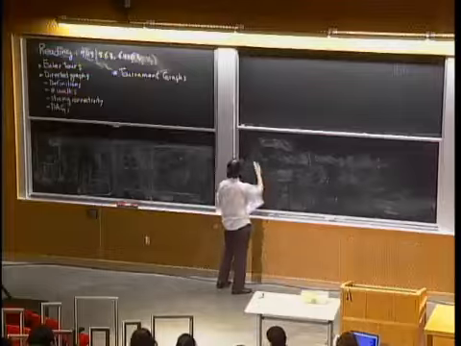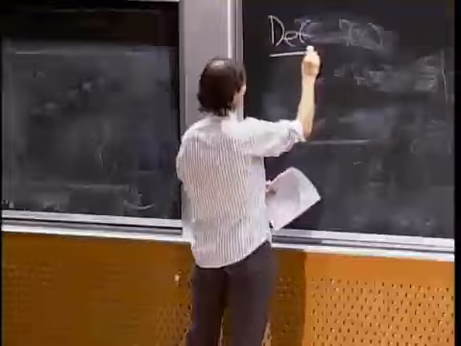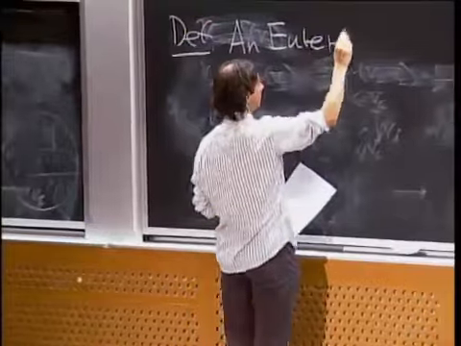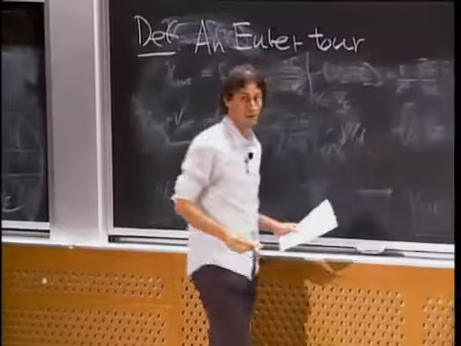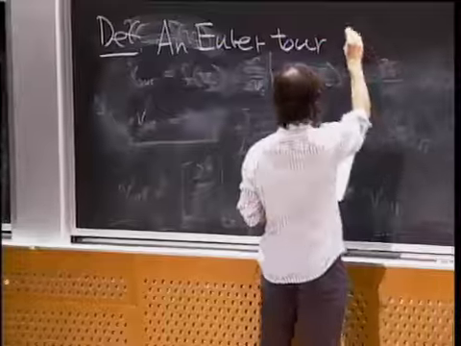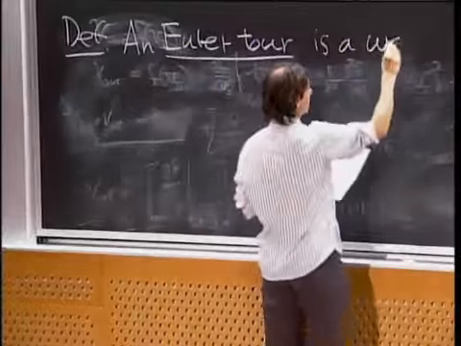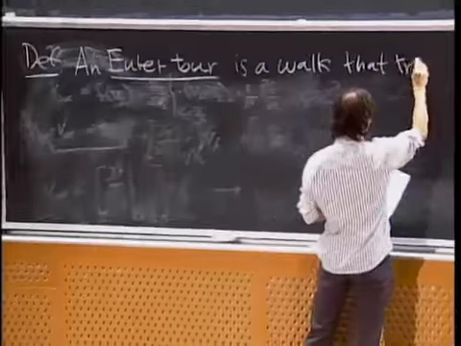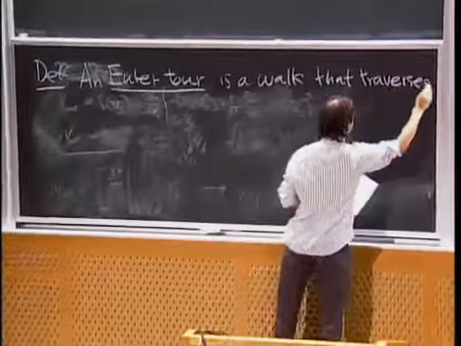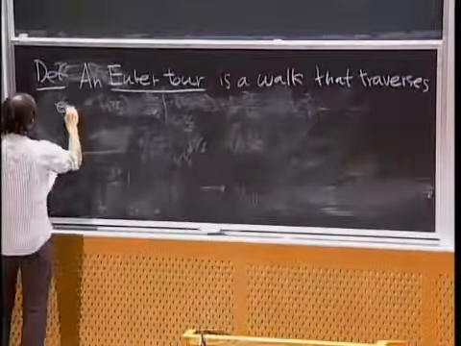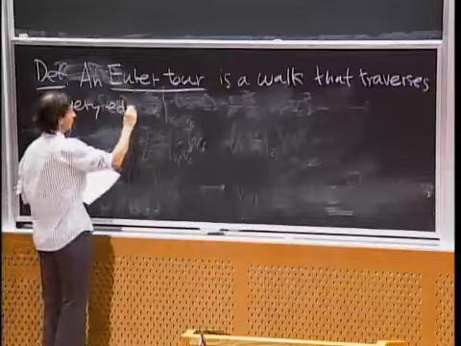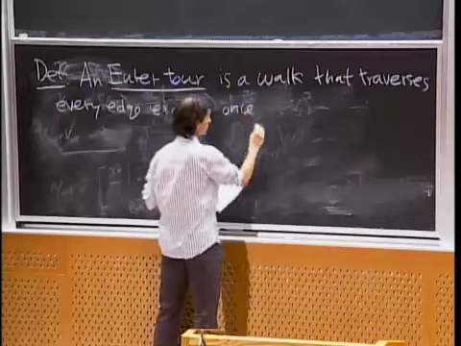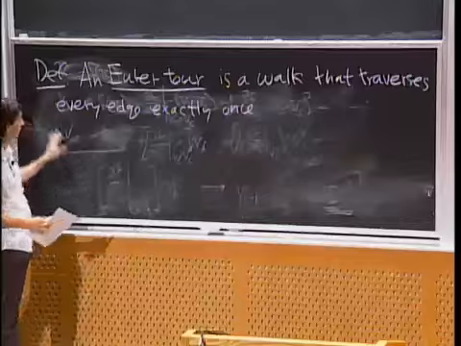So what is an Euler Tour? It's actually defined as a special walk. It's a walk that traverses every edge exactly once. So it turns out that we can actually characterize these types of graphs.